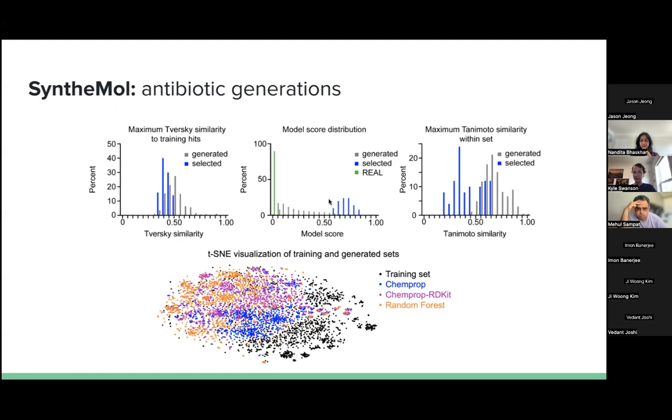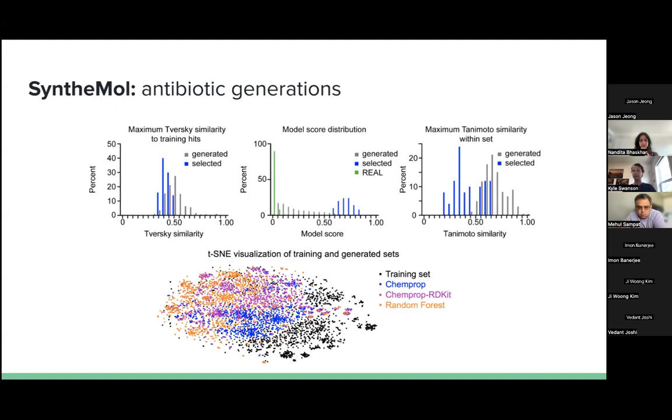On the effectiveness side, this is actually kind of an interesting point. If you look at our initial generated set of molecules, you can see we do get a nice range of scores, including some higher scores, so more likely to be antibiotic effective. When we focus in on just the top 20% of scores, you can see now we're really emphasizing the high scoring molecules. And as a point of comparison, what we did was we sampled 25,000 molecules at random from that real space of 30 billion molecules and scored those with our antibiotic predictor.